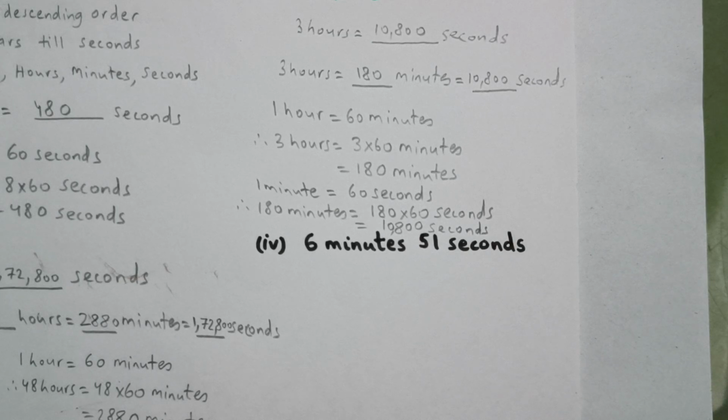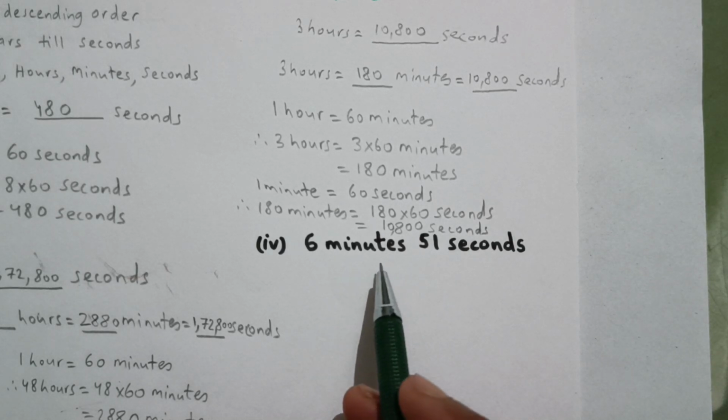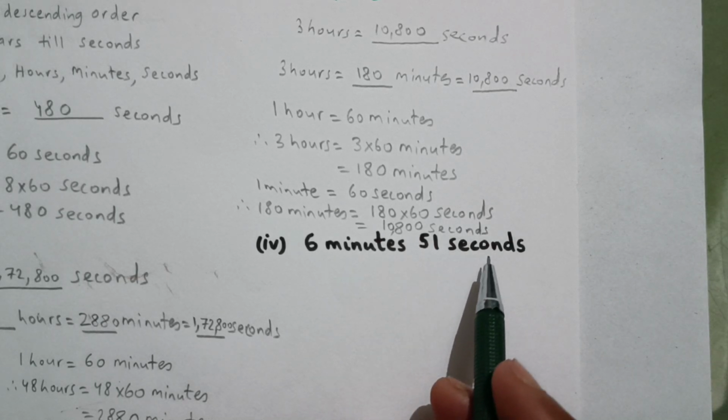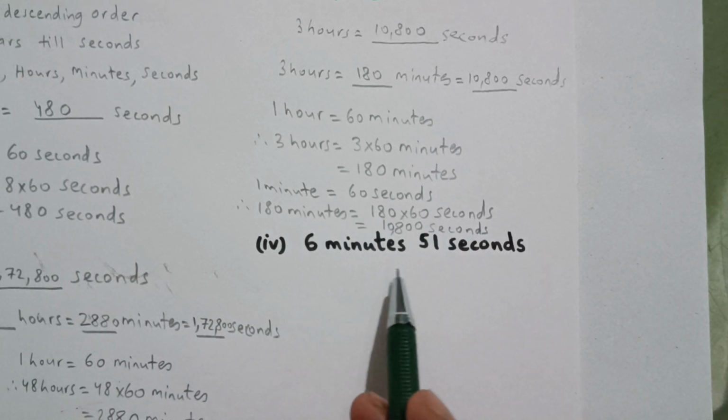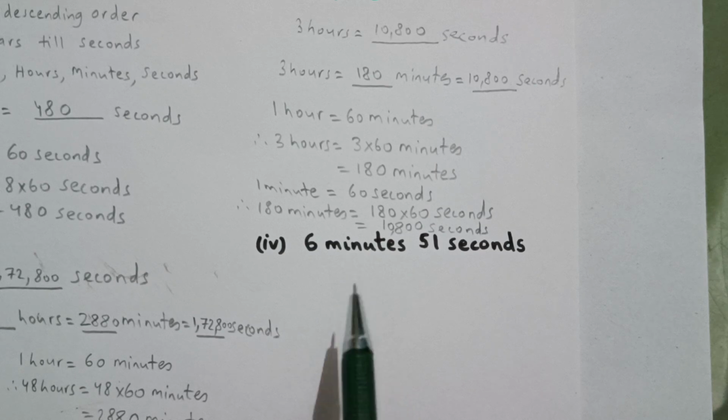In question number 4, we have to convert 6 minutes 51 seconds into seconds. So we have to convert this entire thing into seconds.